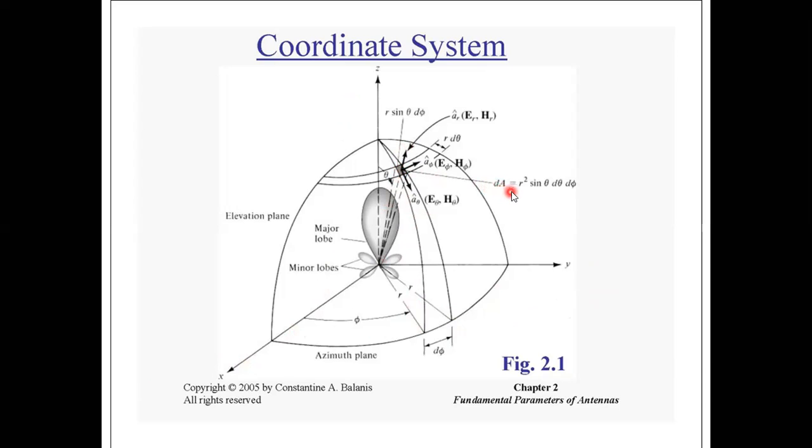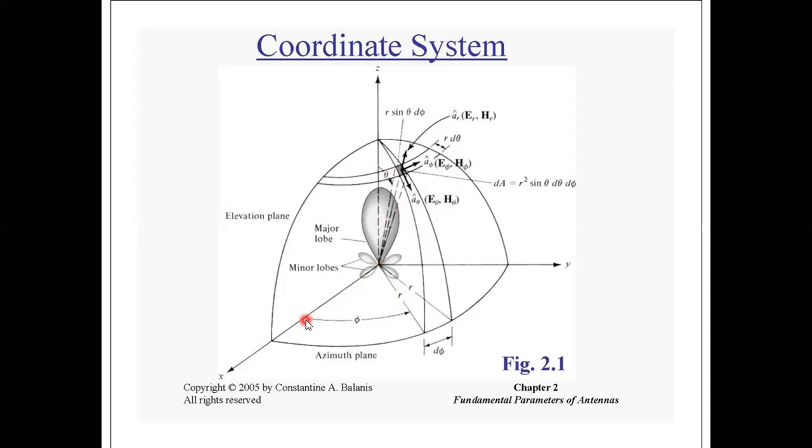How do we calculate this area? This is like a sector. This side is a curved surface, and this side is also a curved surface. The angle on this side is theta, which starts from here and goes up to 180 degrees.